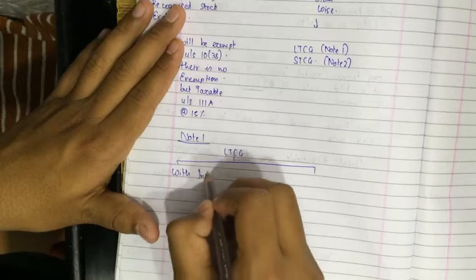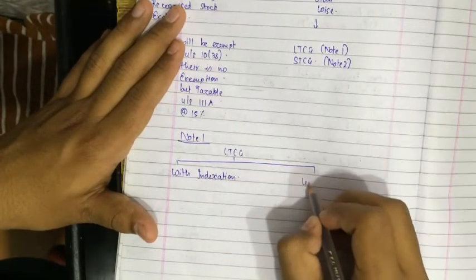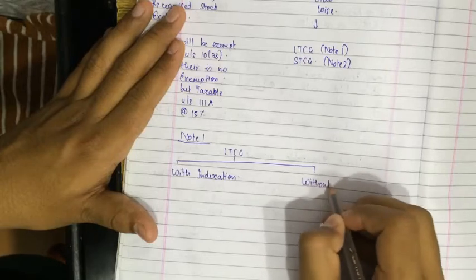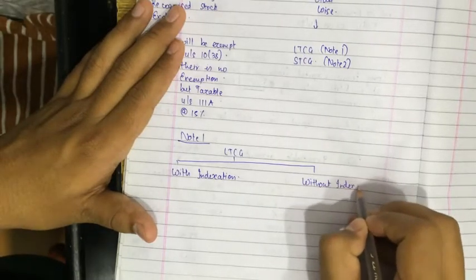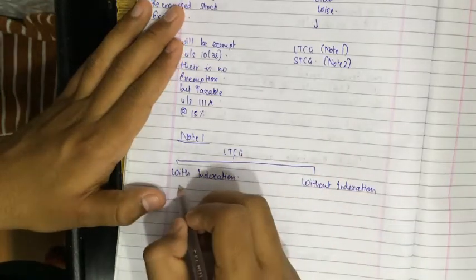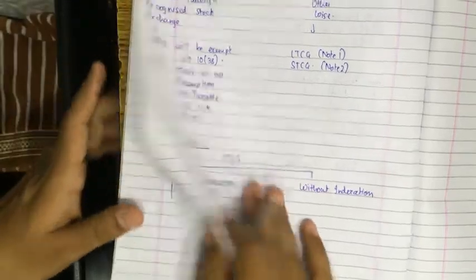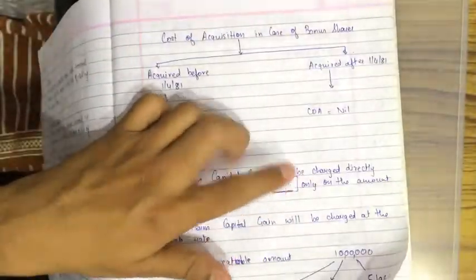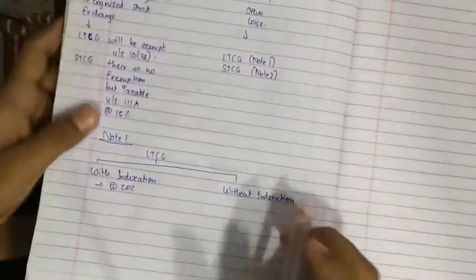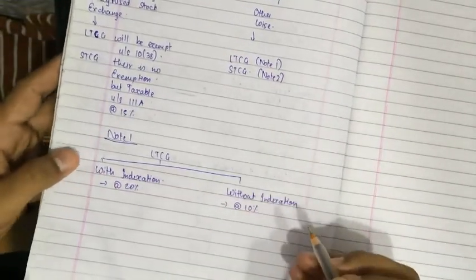You know, indexation comes only in long-term capital gain. Without indexation, you are leaving your indexation, so what benefit are you getting? Let's see. If you take indexation, then it is at the rate of 20% as we have learned over here. But if you leave your indexation, then it is at the rate of 10%.